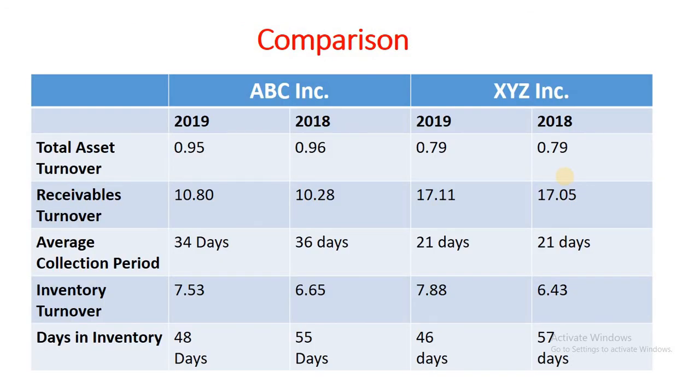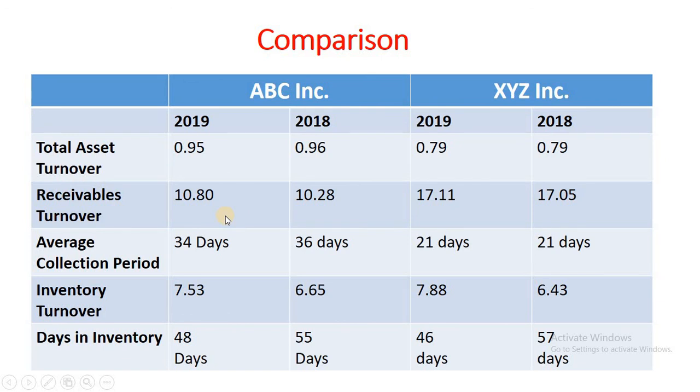Here is a comparison of efficiency ratios between ABC Incorporation and XYZ Incorporation. In terms of total asset turnover, ABC Incorporation is better than XYZ Incorporation in both years. In case of receivable turnover, XYZ Incorporation is better than ABC Corporation.